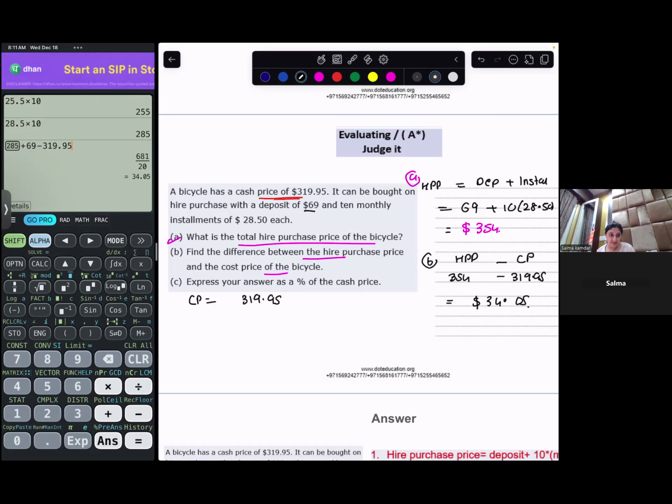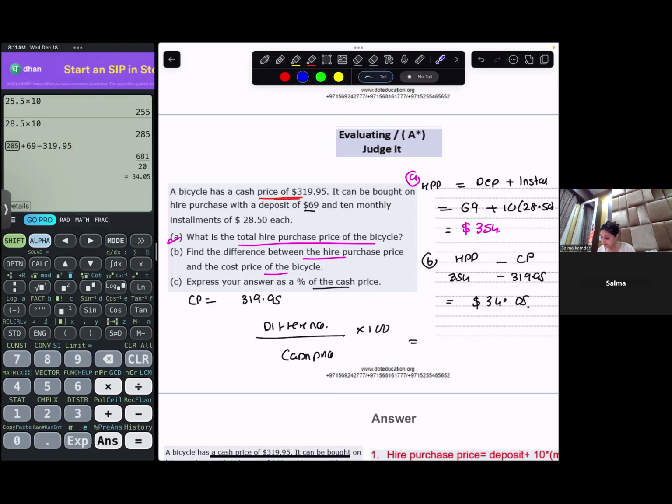Express your answer as a percentage of the cash price. So the difference has to be expressed as a percentage of the cash price. So difference over cash price into 100.